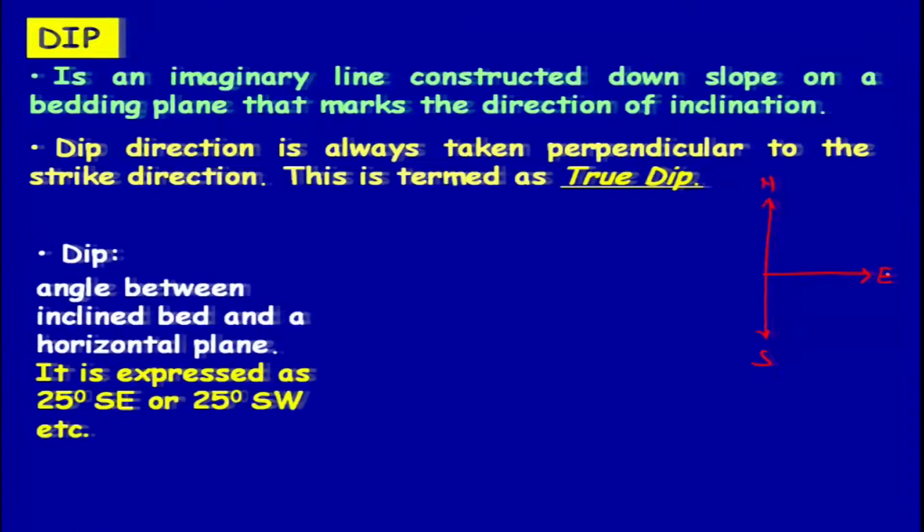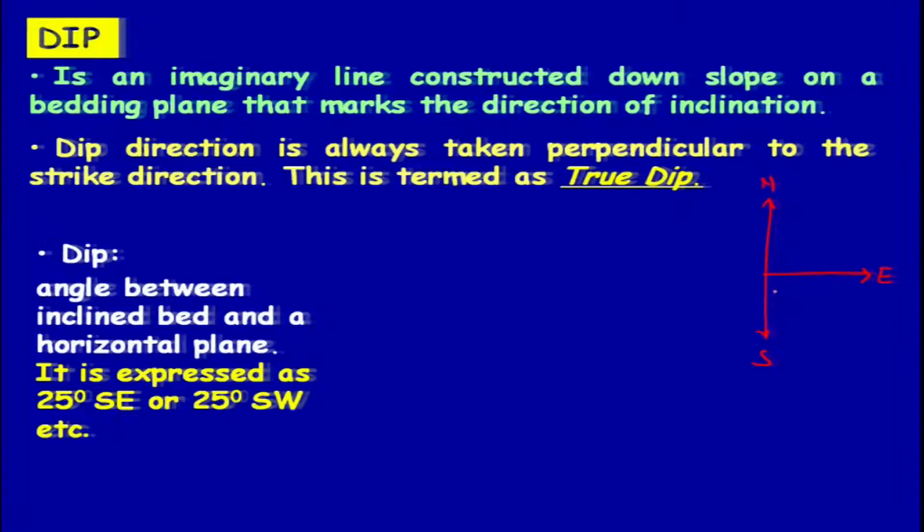So dip is the angle between the inclined bed and a horizontal plane, and it is expressed as, for example, 25 degrees southeast or 25 degrees southwest, whatever you get. So what we are doing is giving only one direction. For example, if it is dipping on this side, in the quadrant, then we will say southeast.